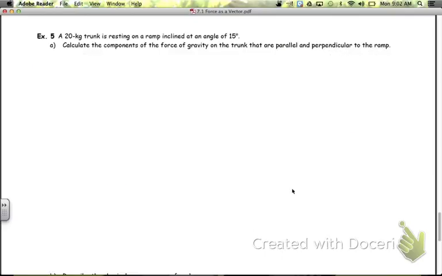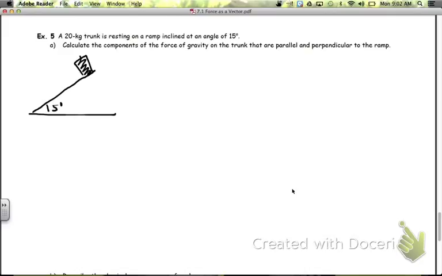Now, in our next example, a 20 kilogram trunk is resting on a ramp inclined at an angle of 15 degrees. So what we have here is the 15 degrees, and we have our trunk located right here. In the first part, we want to calculate the components of the force of gravity on the trunk that are parallel and perpendicular to the ramp.